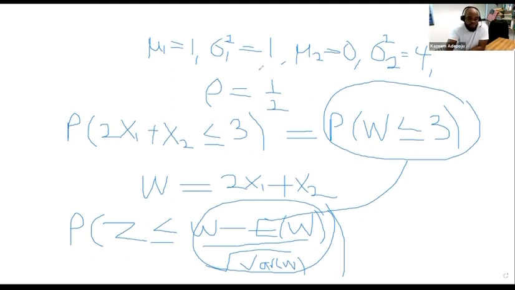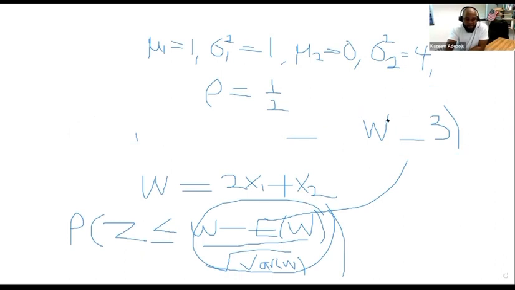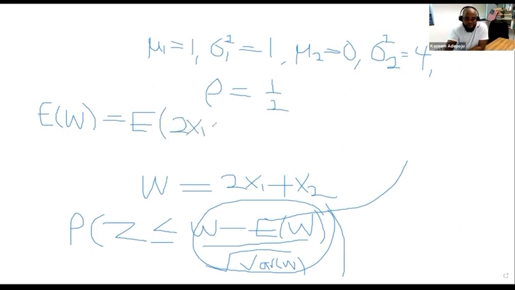Let me erase this now. I want to find the expected value of W, which is the expected value of 2X1 plus X2. You remember what we did the other time, the expectation of a linear combination.